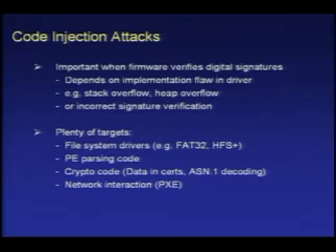PE parsing code is always a good one. In my work as a security consultant, looking at antivirus vendors' software, for example, the number of bugs I've found in their code relating to PE parsing that ultimately lead to code execution is huge. So I'd be really surprised if there aren't any bugs like that. Crypto code, again, we'll obviously be verifying digital signatures on binaries, so we've got some good targets here. We can modify the data in the certs, or we could go for ASN.1 decoding, and any data coming off the network.